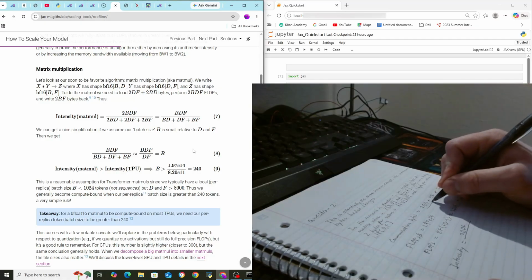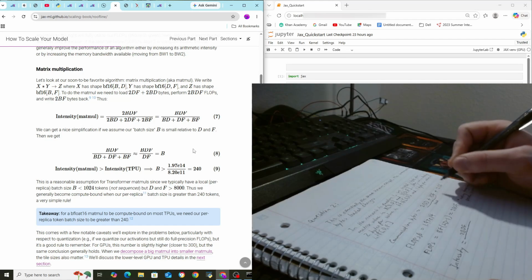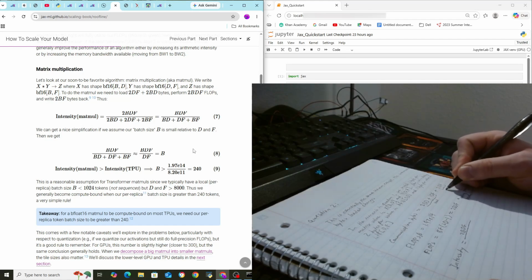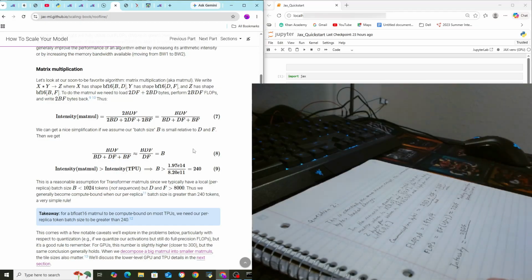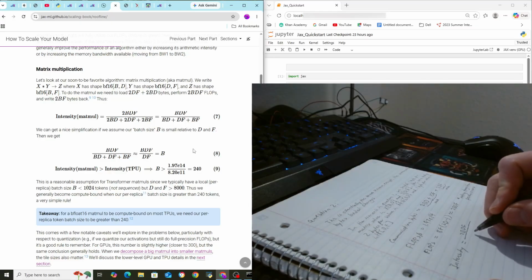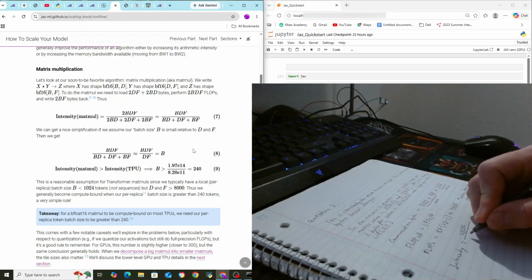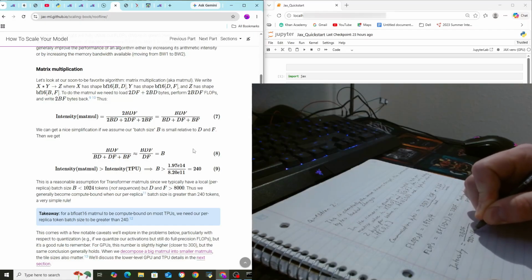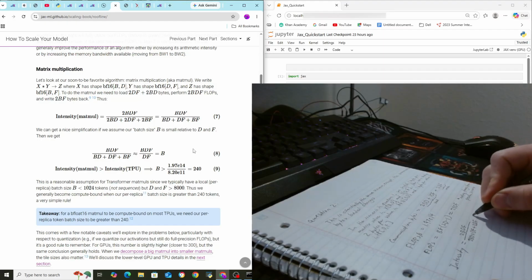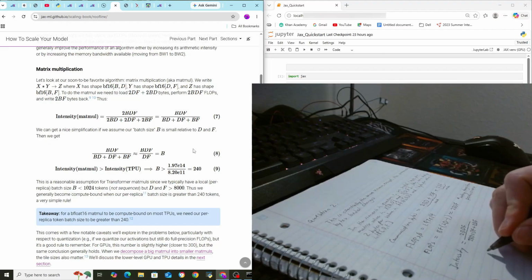So let's say load, write. Wonder what the LaTeX generator is going to do about that. Anyway, so we got 2BDF, and below here we've got 2BD plus DF plus 2BF.